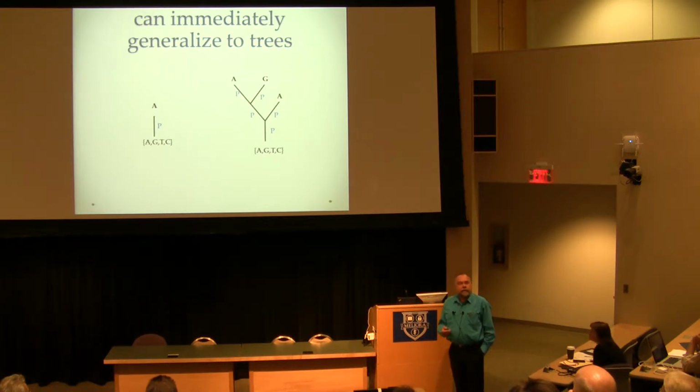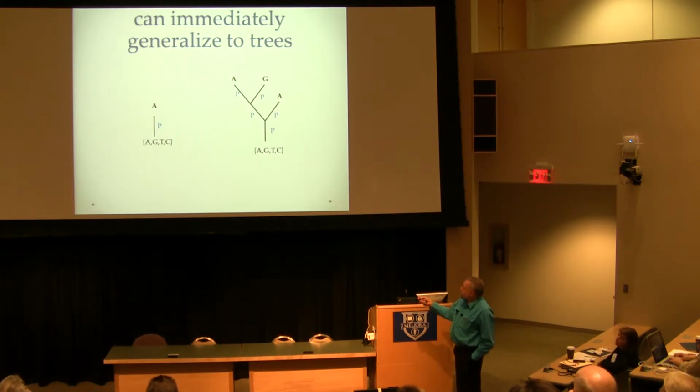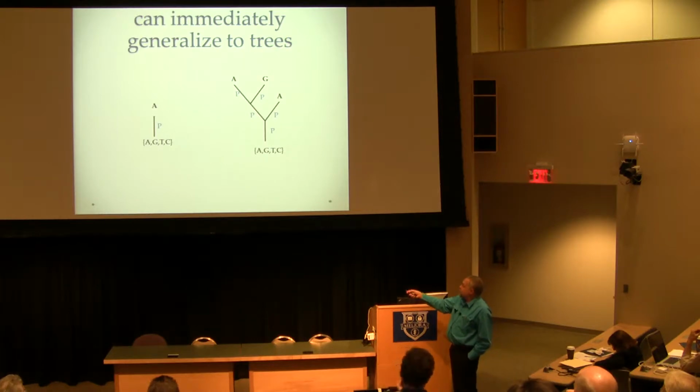The nice thing about approaching it this way is that we can immediately generalize to whole clones, to whole trees, right? So here's a case where I've got an antibody, and I'm supposing that the observed state here is A, and I can ask what the ancestral state was, A, G, T, or C, and the probability function that I just showed you tells me what the likelihood is for any of these choices.